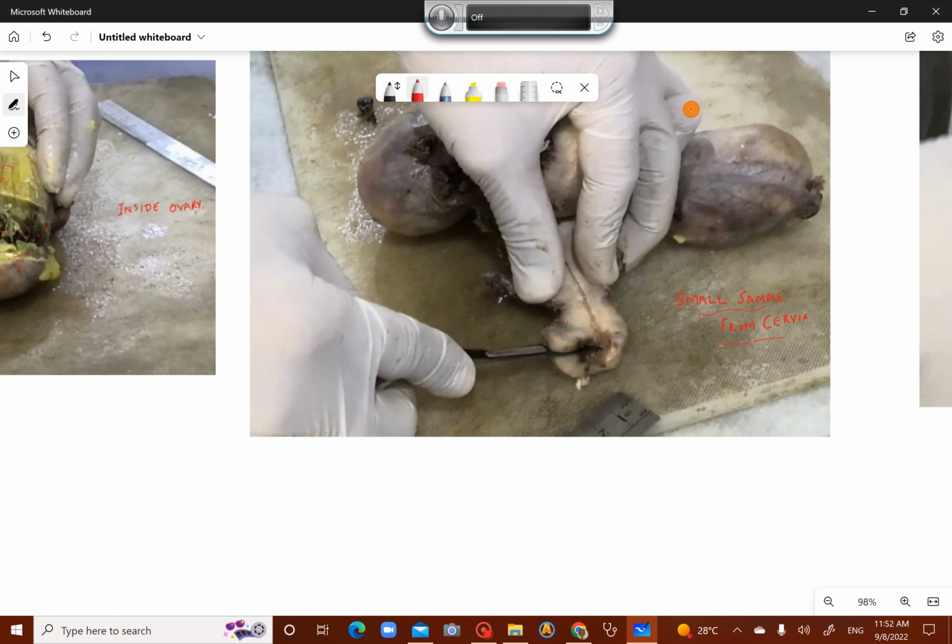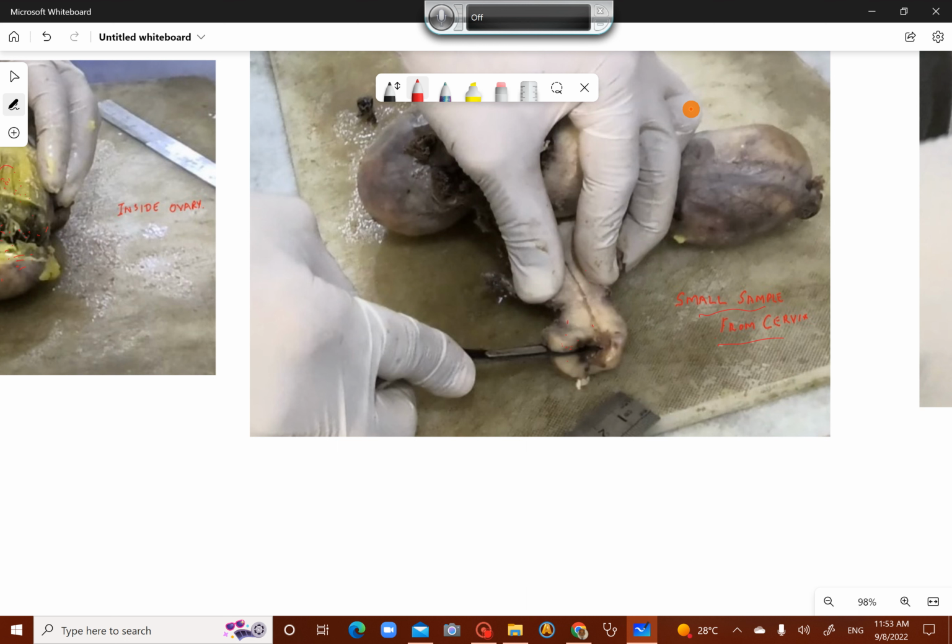There is no gross abnormality, but we want to make sure that there are no microscopic changes. When you are taking a cervical sample, it's important that you take junctional tissue as well, ectocervix and endocervix together, because most of the changes of malignancy which appear early are at the junction between the ectocervix and endocervix.